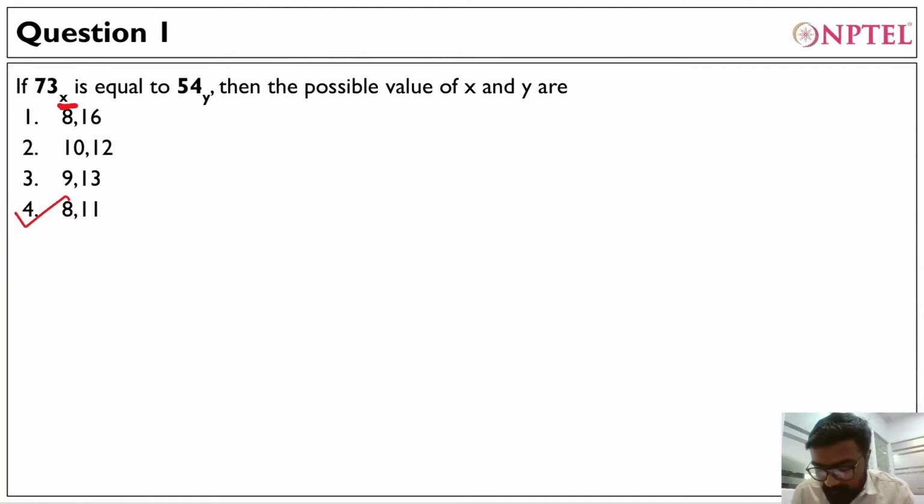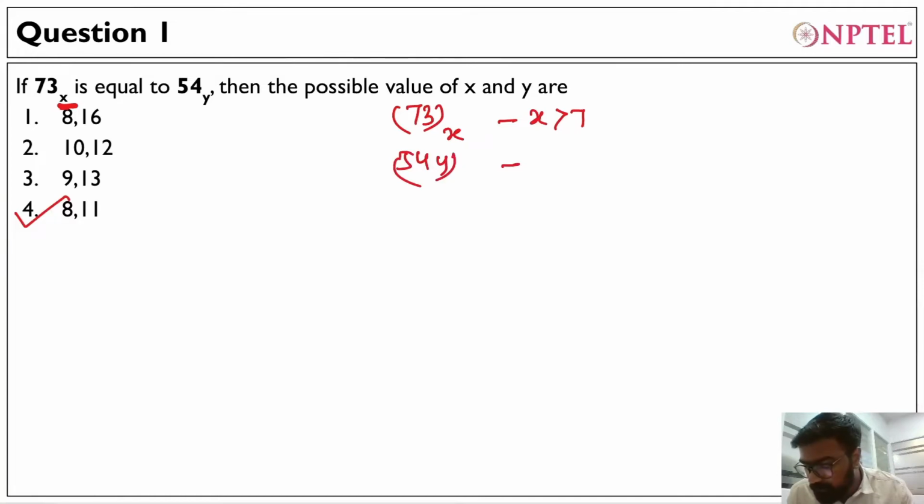Similarly here, if you see 73 in base x, this is my number, so we can write a constraint that x should be greater than 7. Similarly for 54 in base y, the maximum digit is 5, so y should be at least greater than 5. It can be more, but it cannot be lesser than 5. If it is lesser than 5, then it will violate the property of the number system.